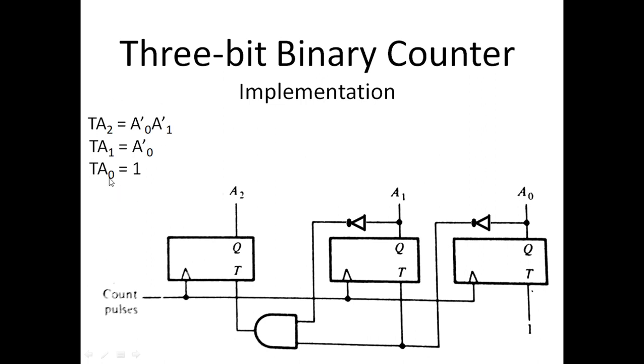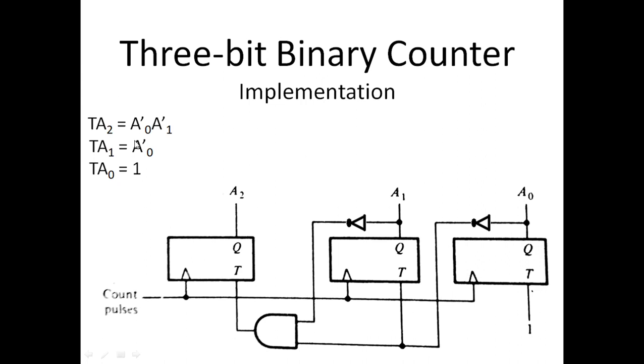So TA0, which is the T or toggle input of flip-flop 0, is 1. So the toggle input of flip-flop 0 is connected to a constant logic 1. Similarly, the T input of flip-flop 1 is TA1, and that is equal to A0 prime. So A0 is complemented and is connected with the T input of flip-flop 1.